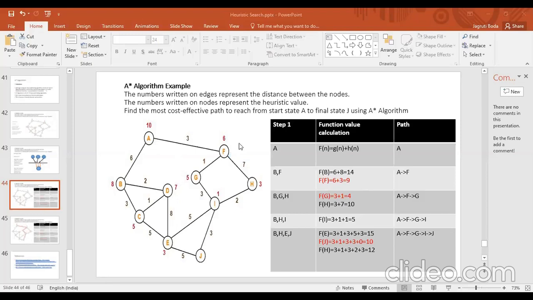Okay. So here the path given is A to F. Clear up to this step? Yes, ma'am. Okay. Now we reach our F state, right? Now we have to explore the successors of F. So which are the successors of F?